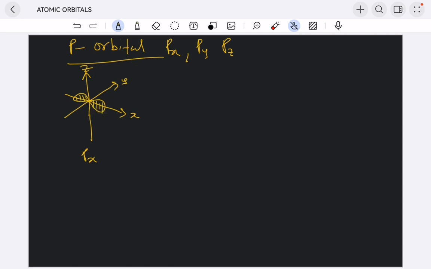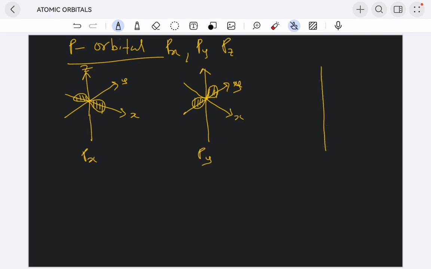Then, this is Y, sorry, and this is X. If we're looking at the Py, then our orbital will be along the Y axis.